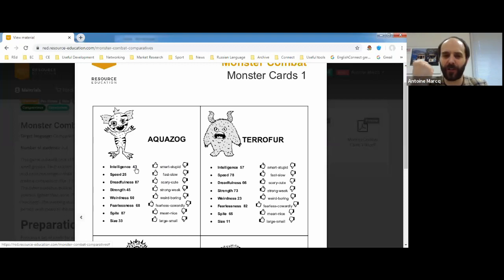So intelligence, Aquazog has 43 in intelligence, but 25 in speed, 87 in dreadfulness. So what happens? So you cut these into cards, and you can either distribute them all to the students, or you can have a pile, a bit like Go Fish.